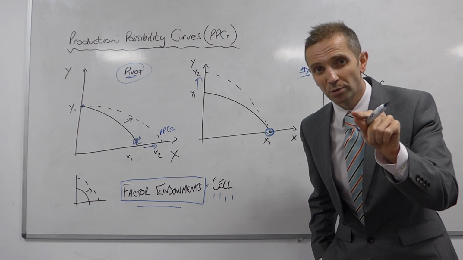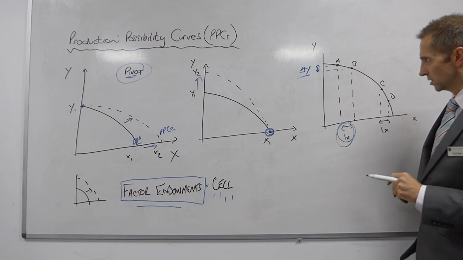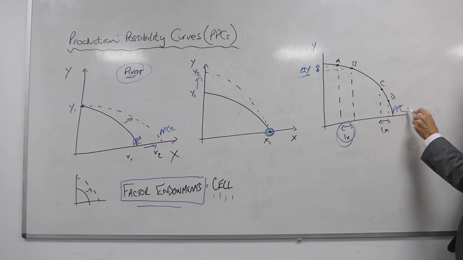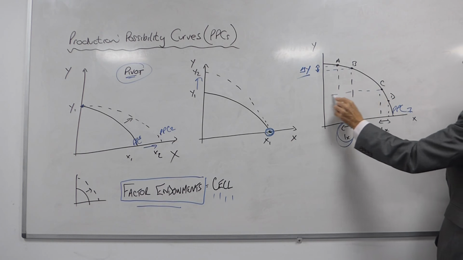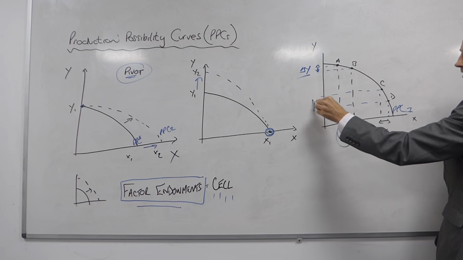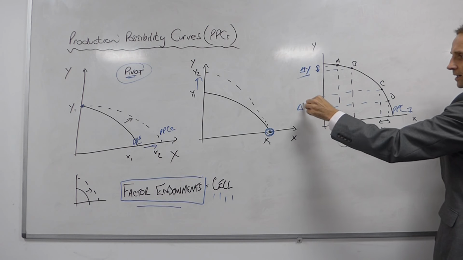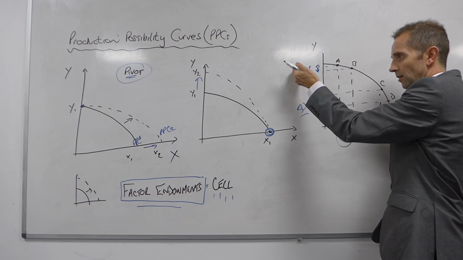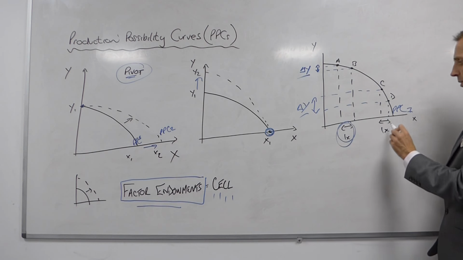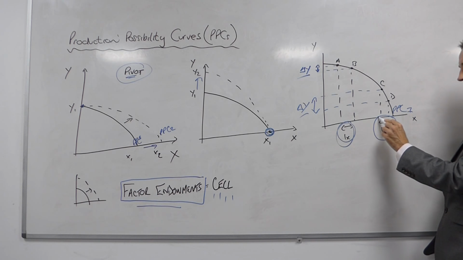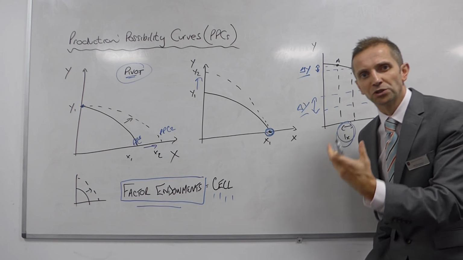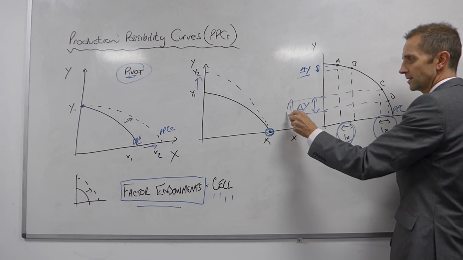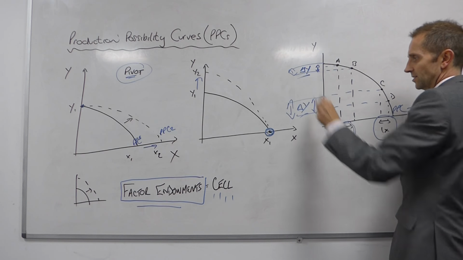So that in effect is the opportunity cost of producing 1 more unit of X. When we move to C and D, which is simply further around the PPC curve, the nation has to give up that amount of Y, delta Y. And so clearly, delta Y in this instance is bigger than delta Y in this instance. And so in order to get 1 additional unit of X here, it's more costly. The opportunity cost is greater because we're having to give up more units of Y. That distance is clearly bigger than that distance.